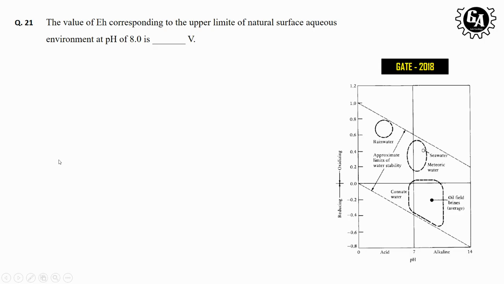Okay, so let's see the question. The question is asking for the value of EH corresponding to the upper limit of the natural surface aqueous environment at a pH of 8.0. So what is the EH value at the upper limit when the pH is 8.0?